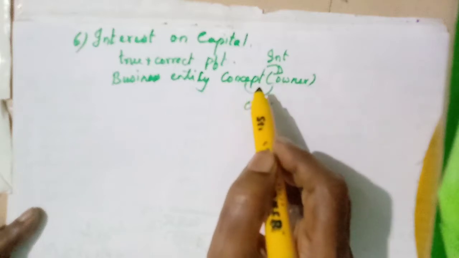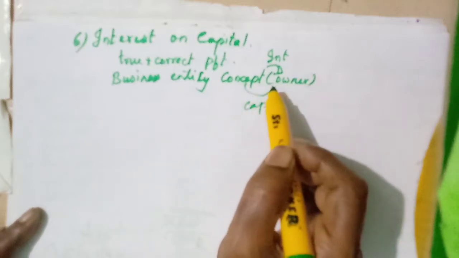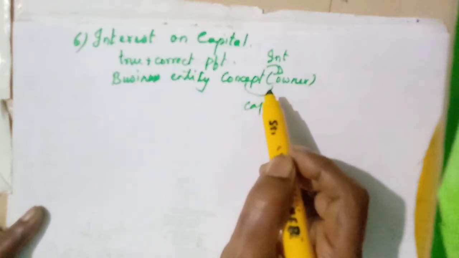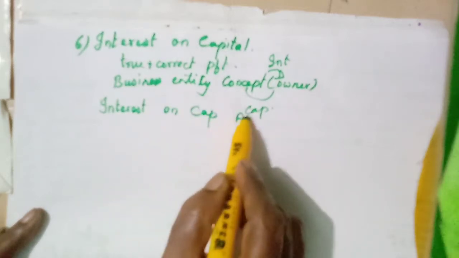That amount is an expense for the business. Since the business is paying interest, we have to prepare the journal entry. Interest on capital is an expense, so we need to debit interest on capital account. This is the adjusting entry.